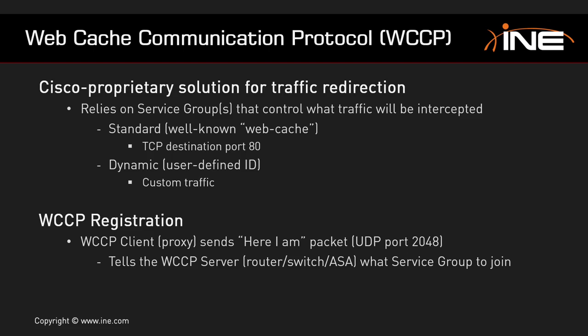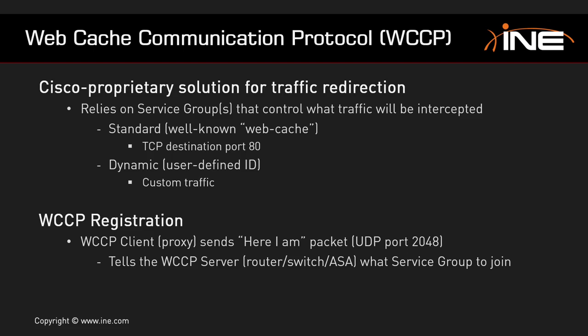The entire process is known as WCCP registration, and it starts on the client. WSA is going to send a Here I Am packet, which is a unicast or multicast destined to UDP port 2048. This packet is going to be intercepted by the WCCP server. The packet contains the service group the WSA wants to use.